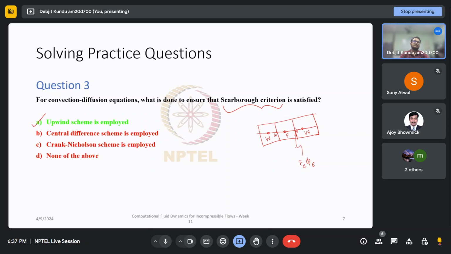Now if the flow is going from left to right, then we will assume that phi E should be equal to phi P, that is the point upwind to it.